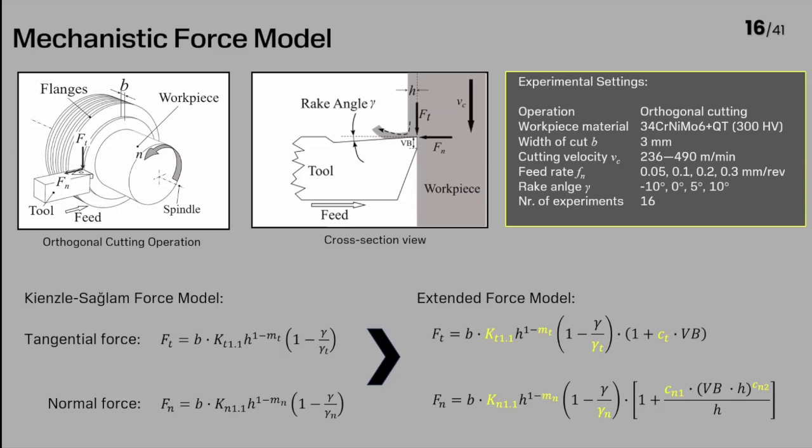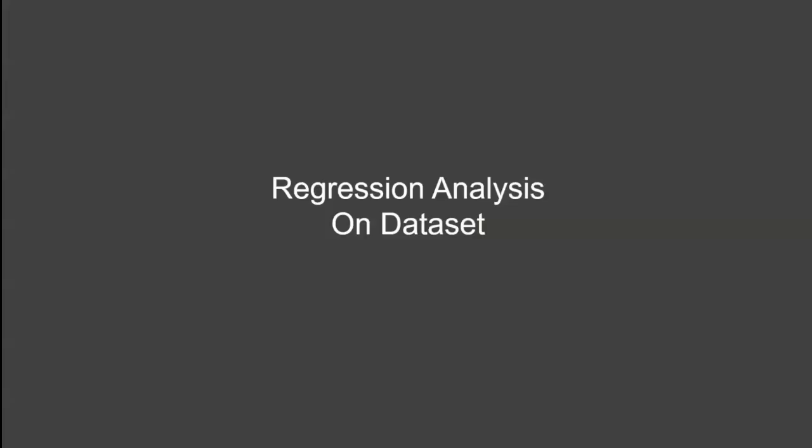So this resulted in 16 cutting tests, generating a data set of cutting forces and corresponding tool wear across time. This data set is then utilized for regression analysis to define the unknown parameters of the model.